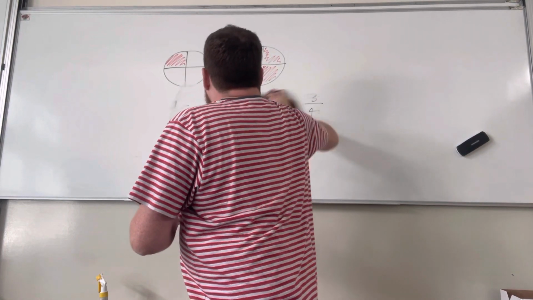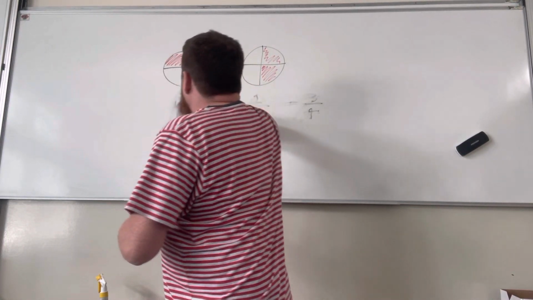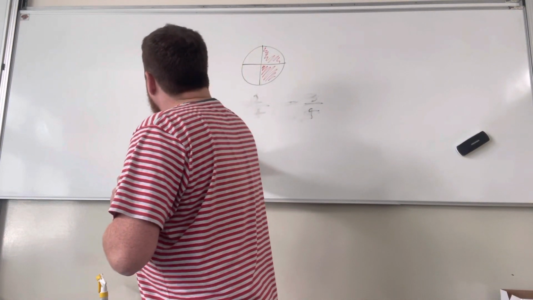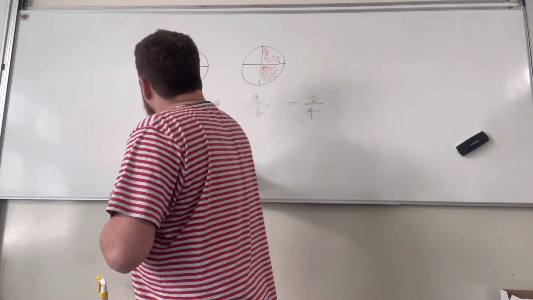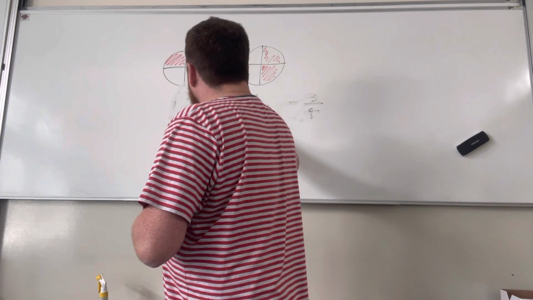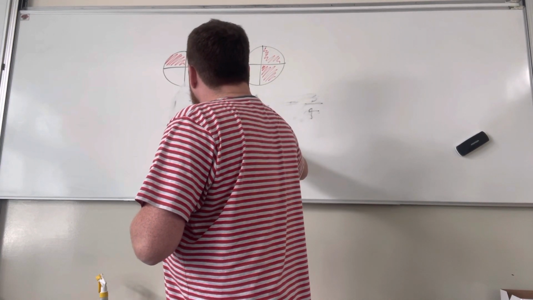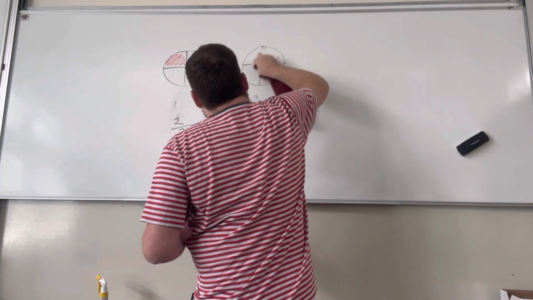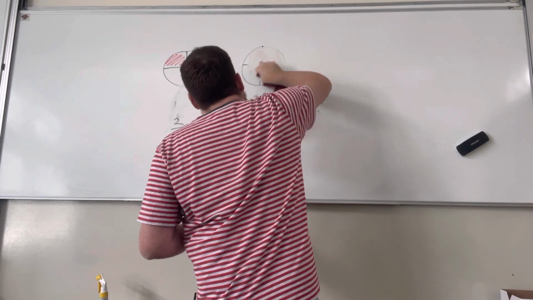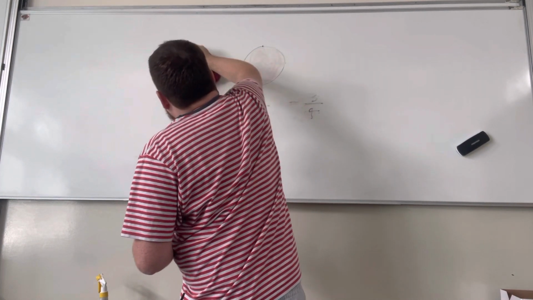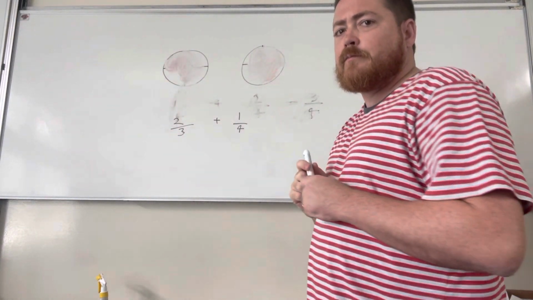Now, suppose we had a situation that was a little bit different. Suppose we had a situation where I was asking about the fraction 2 over 3 plus 1 over 4. Okay.